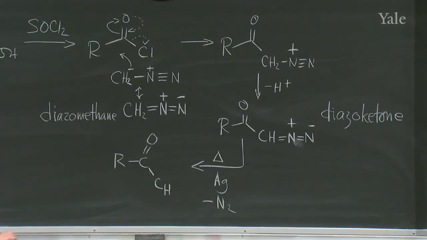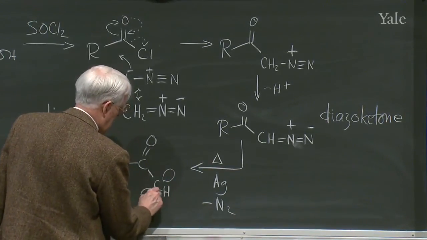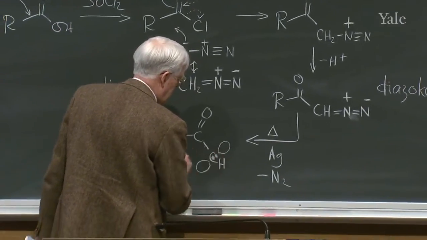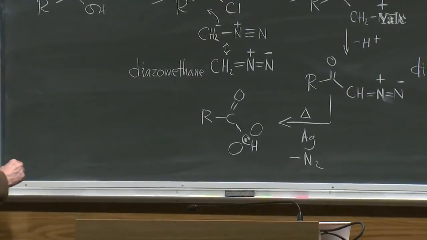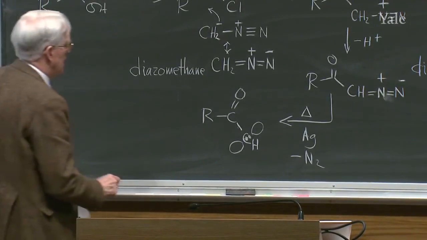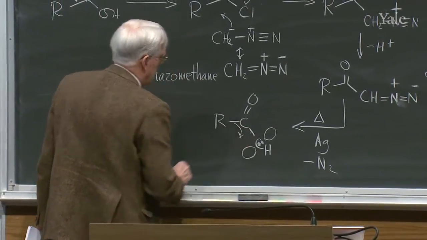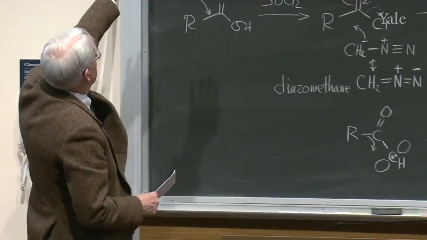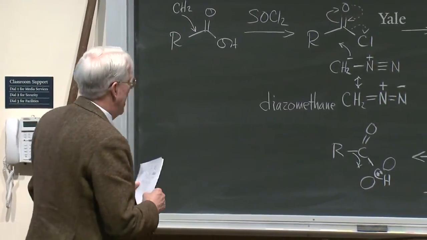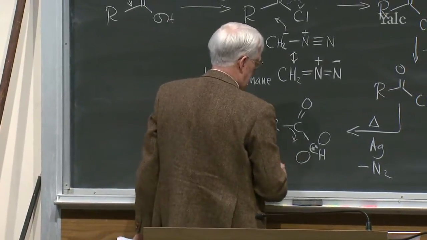So it has a vacant orbital and an unshared pair. Right? And now you can see how we're set up for the rearrangement. These electrons can shift, just as they did in the Beckmann rearrangement, just as they did in the Baeyer-Villiger reaction, right?